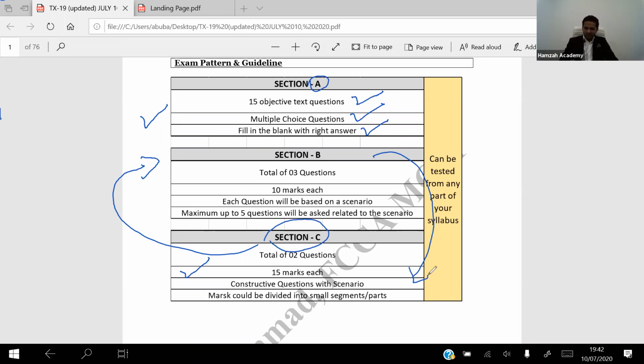For these 15-mark questions, in our time we passed our exam in the era when you were required to write it down on a blank sheet. These questions are that sort of question. You will have a complete constructive scenario, and you will be answering them in an Excel sheet.